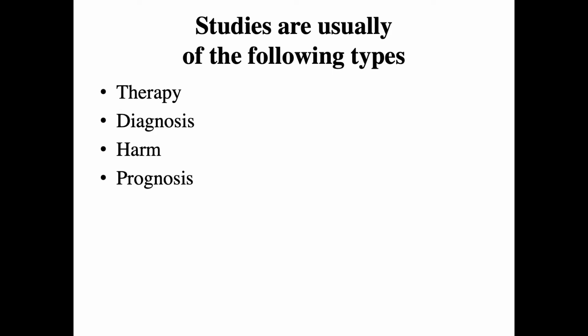Now, research questions, particularly clinical research questions, can be narrowed down to four types, namely therapy, diagnosis, harm, and prognosis. Now, each type has a particular research design that is typically used to help answer the research question. Now, as you will see in a bit, using the PICOM-PECOM format, we will learn that the research question is formatted in a particular way for each type.